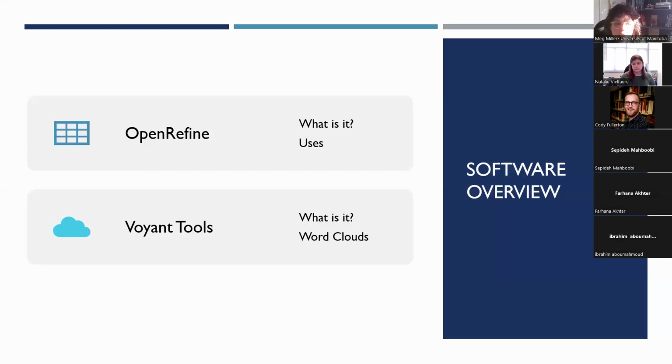The other tool we're going to be using is Voyant, and it is an open source web-based application for performing text analysis. It was developed by Stefan Sinclair at McGill and Geoffrey Rockwell at the University of Alberta, and it continues to be updated.